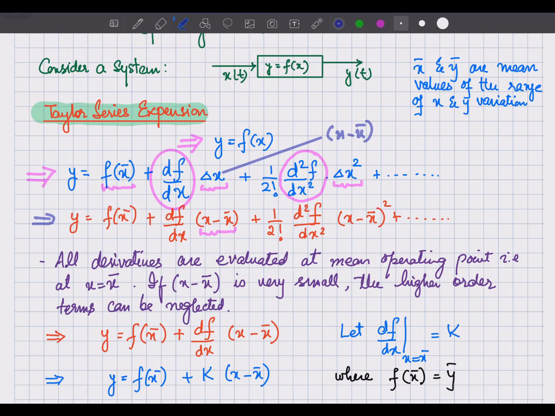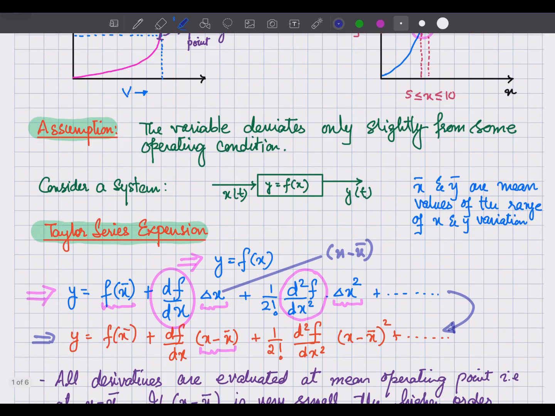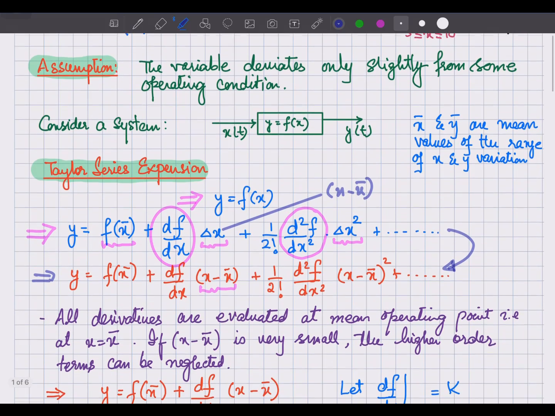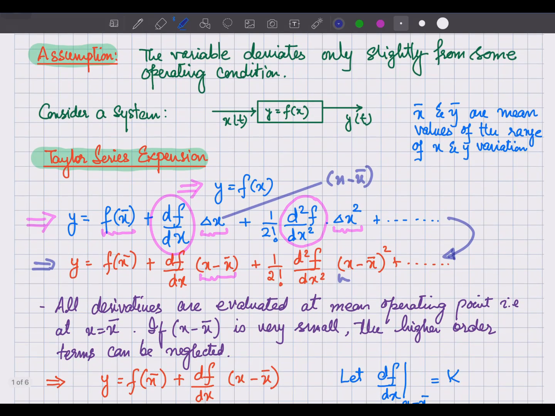As we have assumed that the deviation in the selected variables will be very small along the x-axis and along the y-axis, delta x is approaching 0 and delta y is approaching 0, so we can linearize this function. So this x minus x bar will be very small.